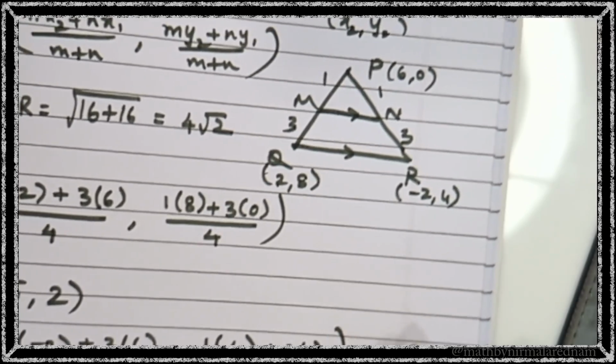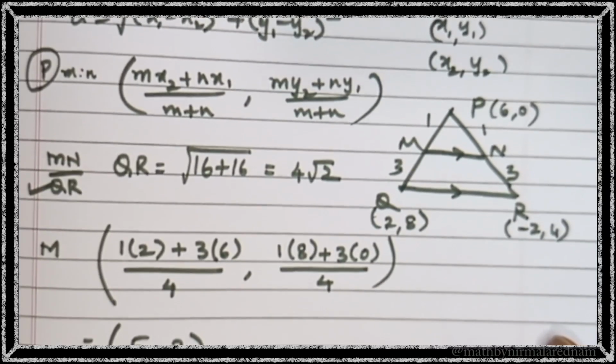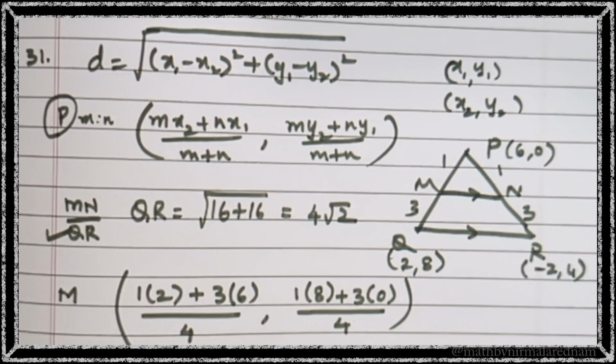However, in this question, I would like you to just read the question and try to find an alternate solution to it which does not use distance formula or the ratio formula. Simply using basic proportionality theorem and the fact that MN is parallel to QR is sufficient for you.